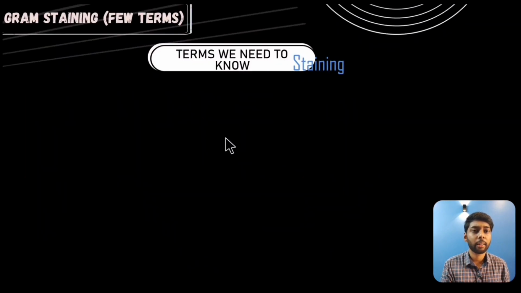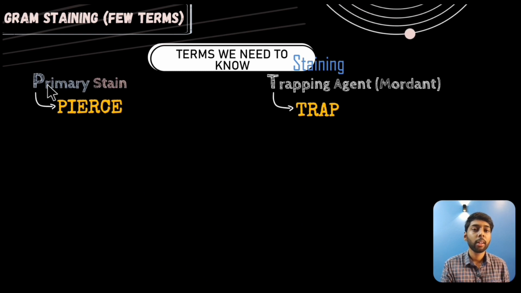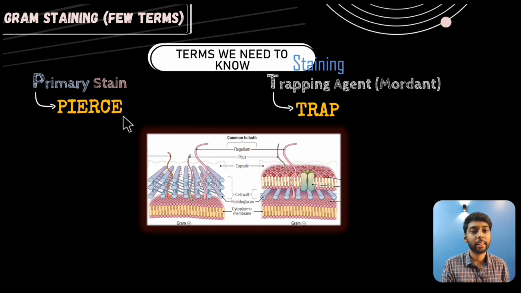So next up, a few terms that we should know before we can talk about the actual steps in the gram stain. Well, firstly, primary stain. And to make it easy for us to remember why we use primary stain, I have added this piece of word here. So P for primary and P for pierce.